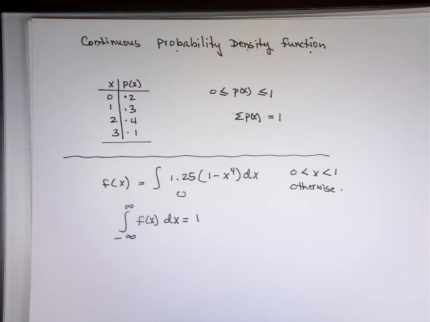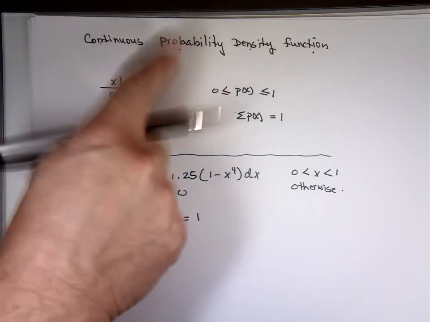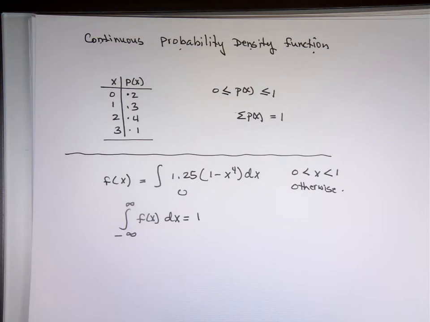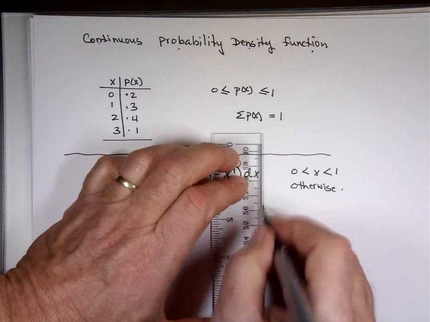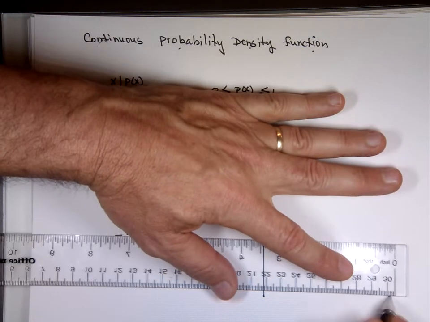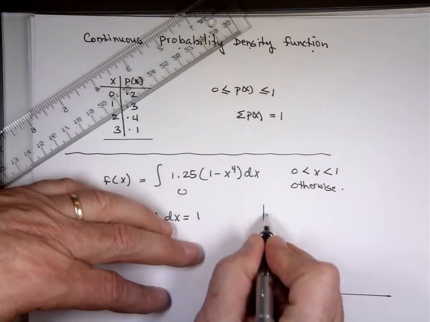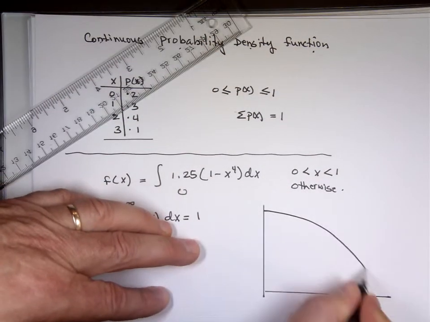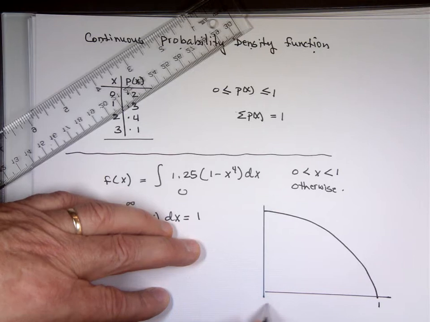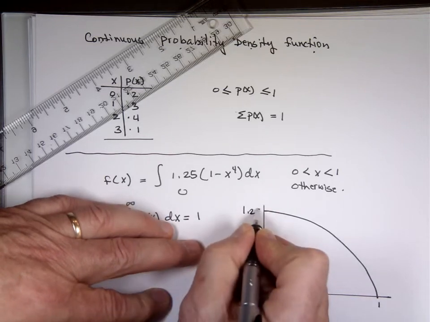So is this a valid continuous probability density function? Now if I graph that, that's x to the 4th. If you have a graphing calculator and you graph that function, it will look something like this. This is the 1, this is the 0, this is the 1.25.